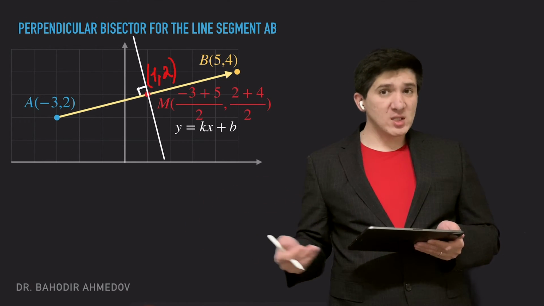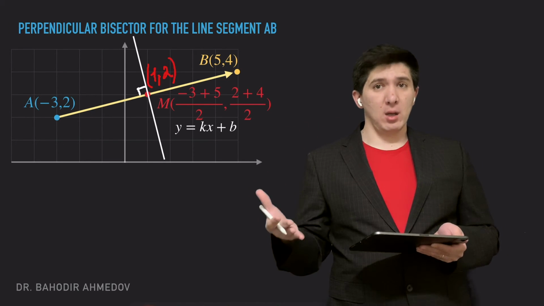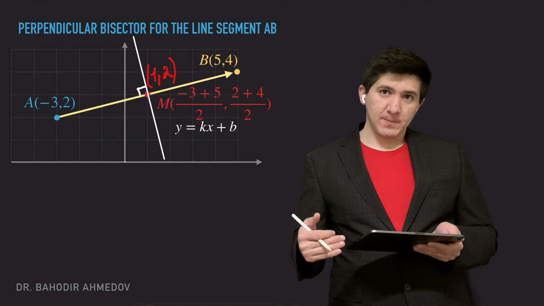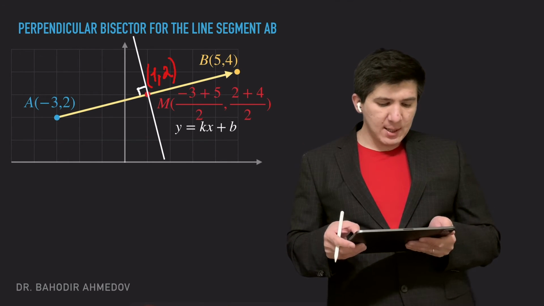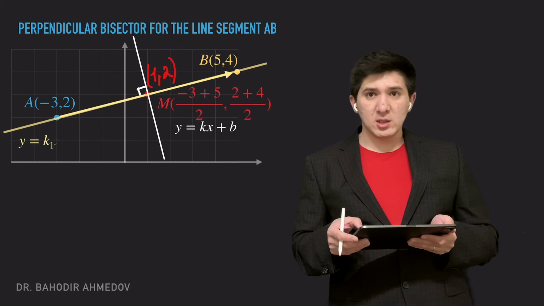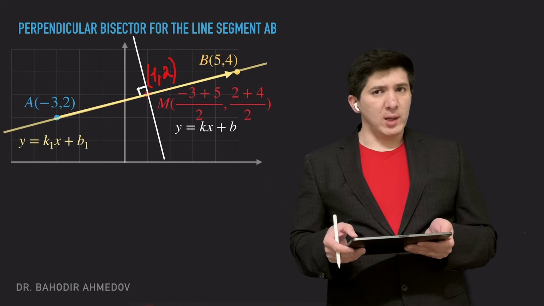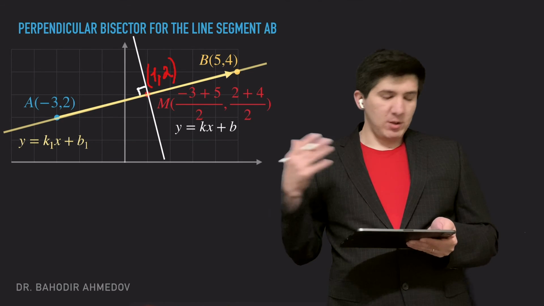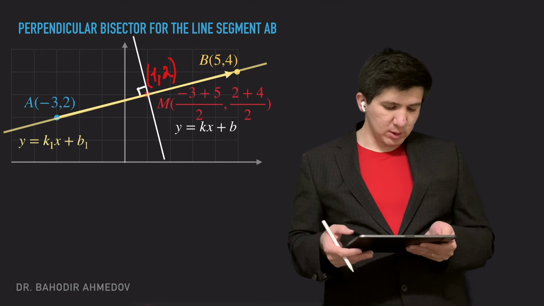So we need to know some other attributes of this line. Another piece of information which we know is that this line, the white line, is perpendicular to the line segment. So what does it mean? It means that if I make a line passing through these 2 points with the equation y = k1x + b1, then the slope of this line is k1, and the y-intercept is b1.